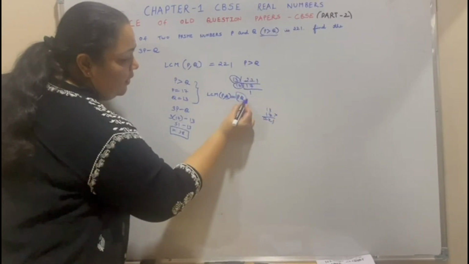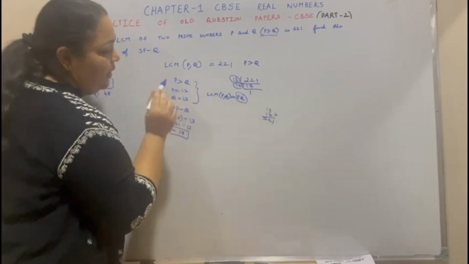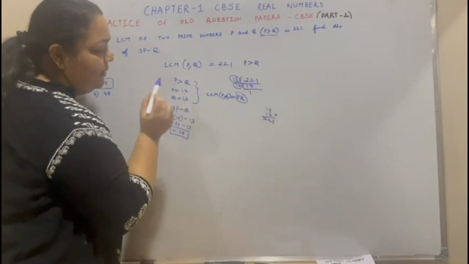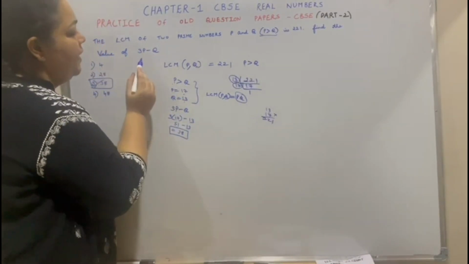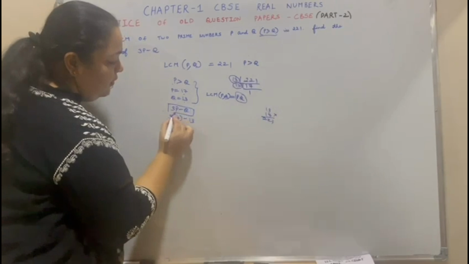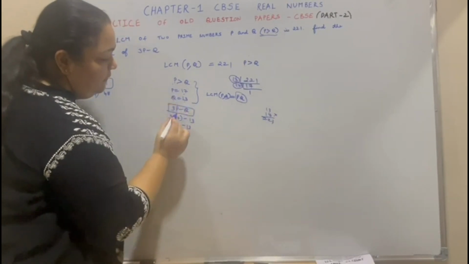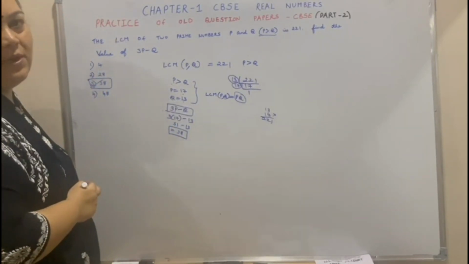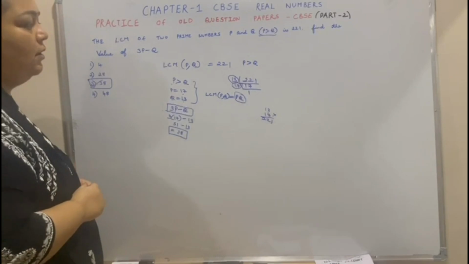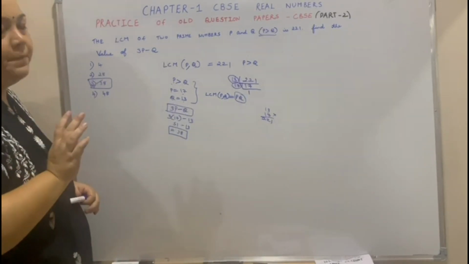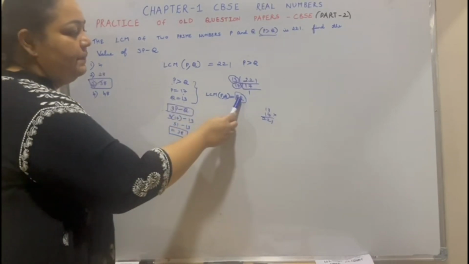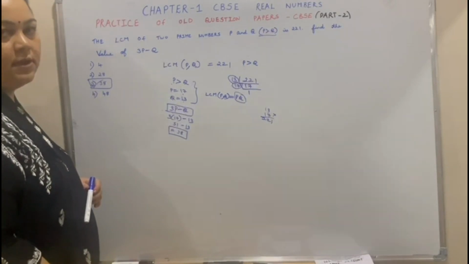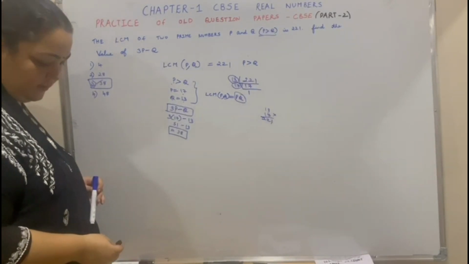So we got the product of two prime numbers, and from this we analyze that p is equal to 17 and q is equal to 13, given p is greater than q. They are asking the value of 3p minus q, so the answer is 38. Very easy question, we only need to know the concept: the LCM of two prime numbers is the product of the prime numbers and HCF will be 1. Using that we found the answer.